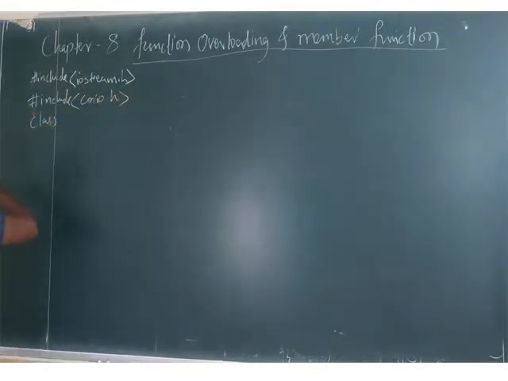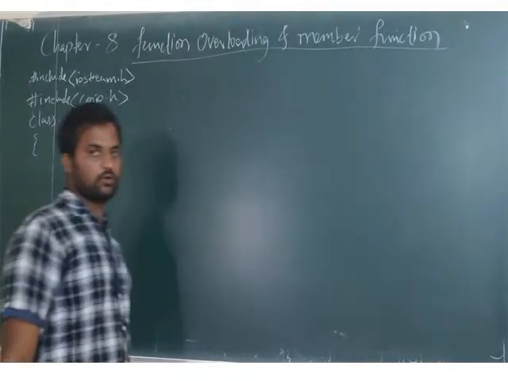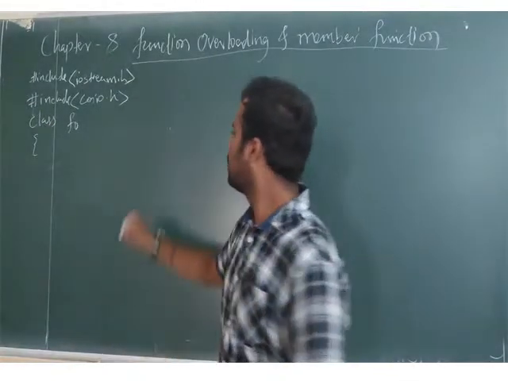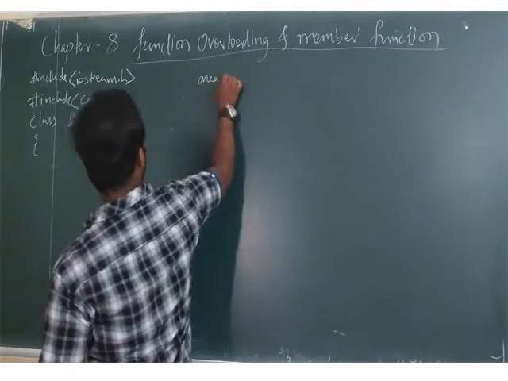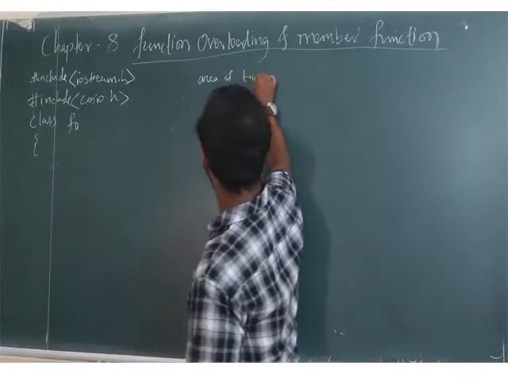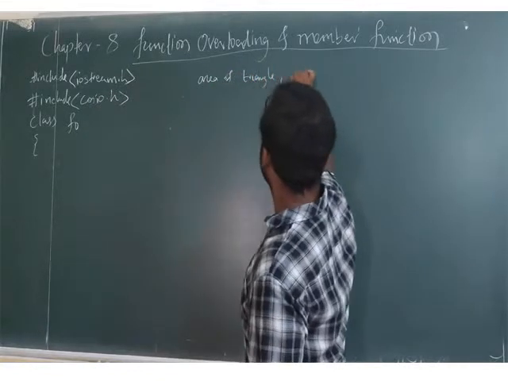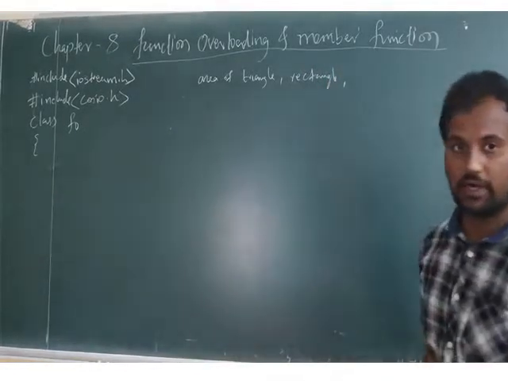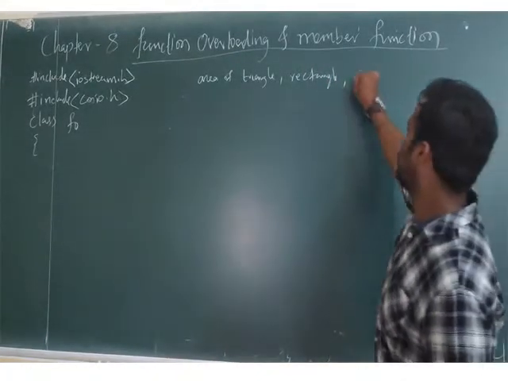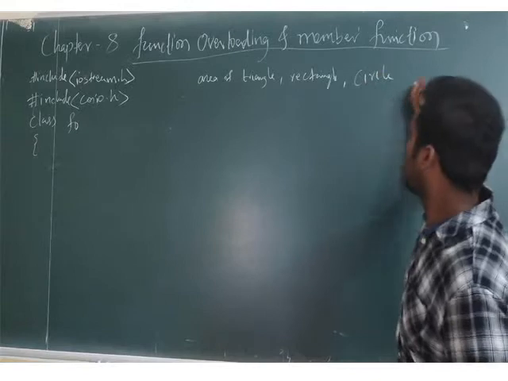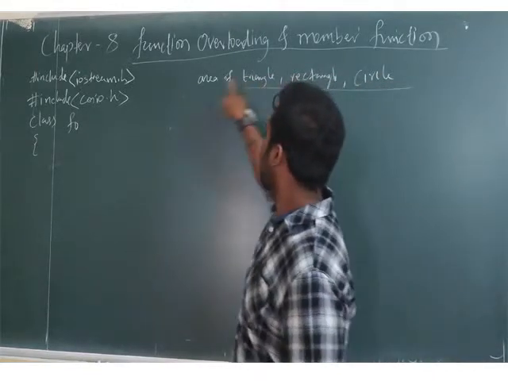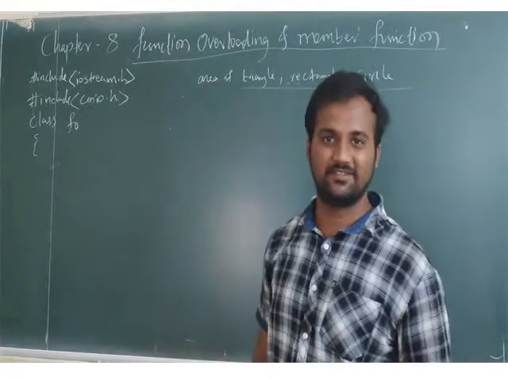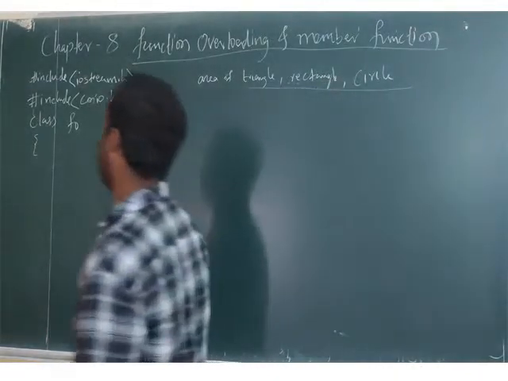Class function overloading. Here, think that I am going to write a program on area of triangle, rectangle, circle. In all these three, area is common. So here we will take the function area.